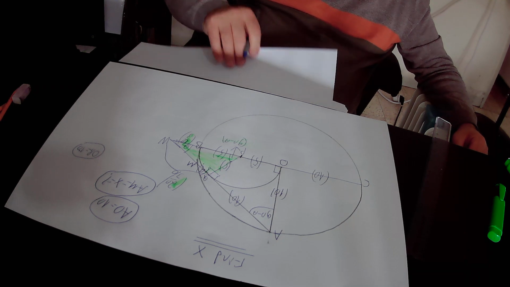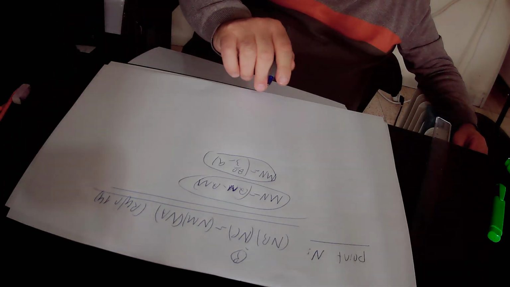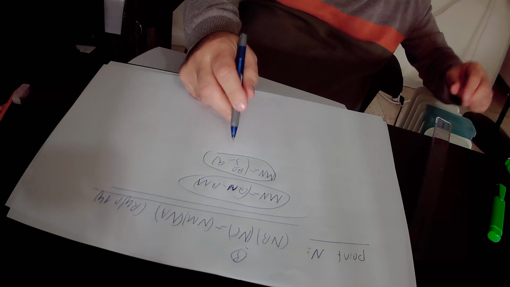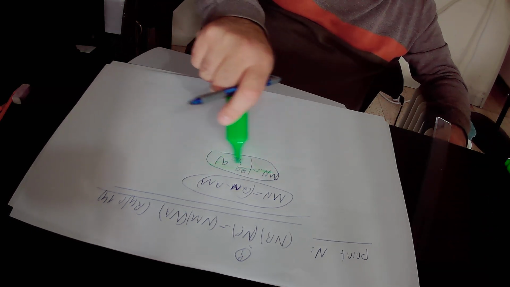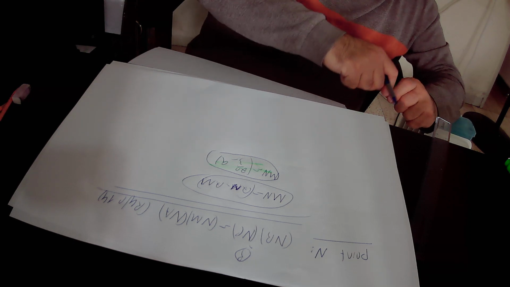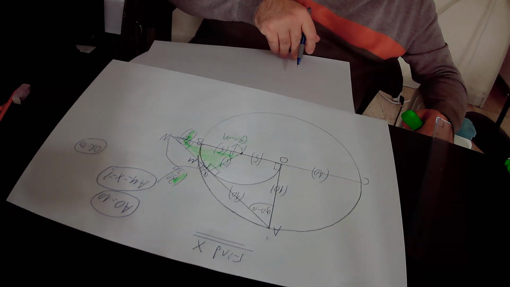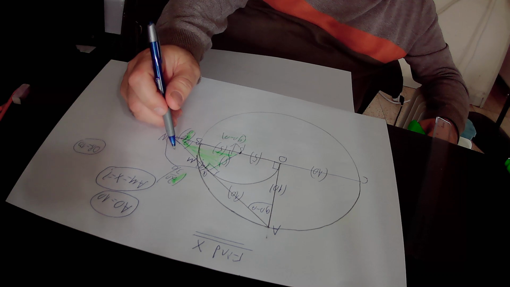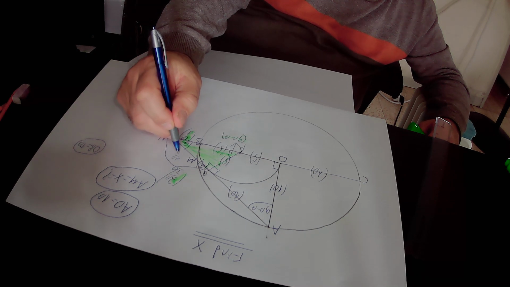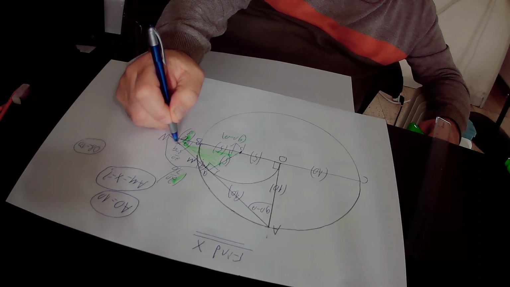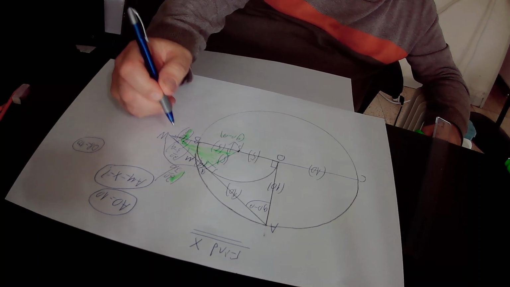So in total, we actually found out that line segment MN equals 20 over 3 minus A. So you can write here that line segment MN equals 20 over 3 minus A. Okay.